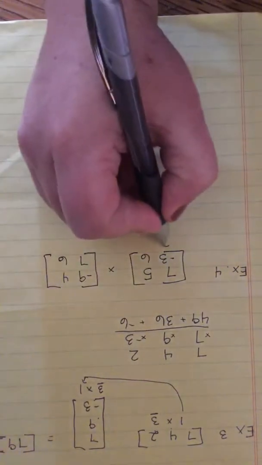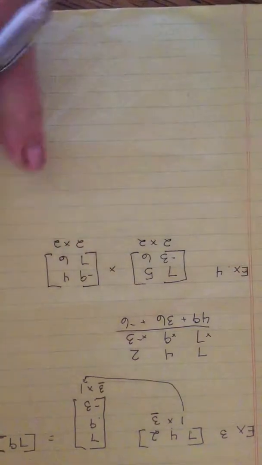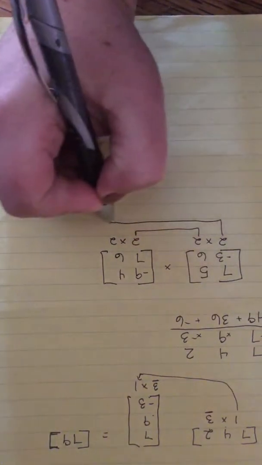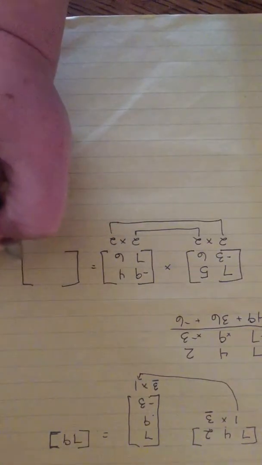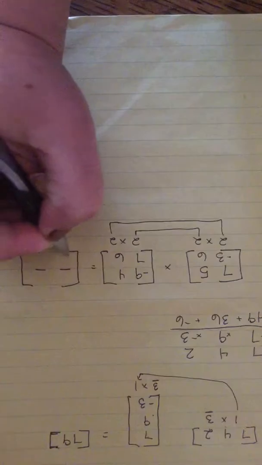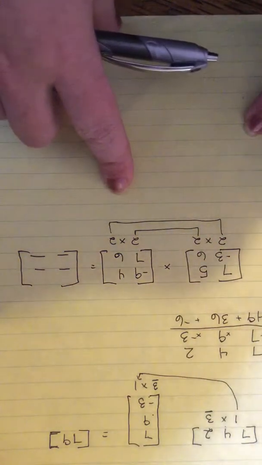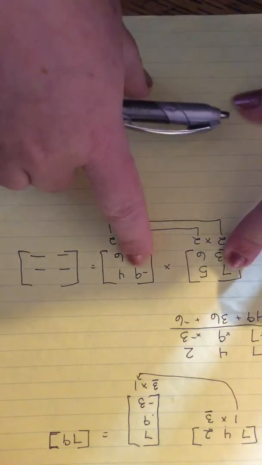Okay, so we have a 2 by 2 and a 2 by 2. And again, the inner dimensions match. And our outer dimensions tell us what our answer is going to be, and it's going to be a 2 by 2 matrix as well. Okay, so if we try this again without writing down all the work, we'll try it as far as just going across and down.